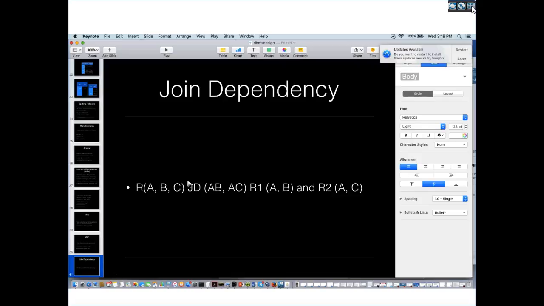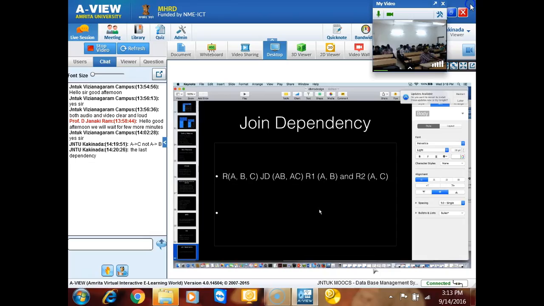That's what the join dependency says, for this relation R.